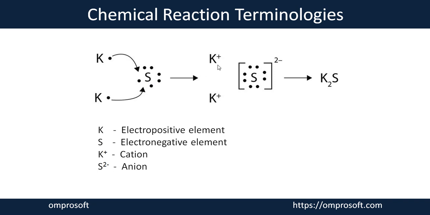Now K+ has already given an electron, so it has converted into an ionic substance, and because it gave an electron, it is considered a cation. Sulfur has already taken electrons, so it becomes an ionic substance, an anion. So here it forms K2S. Here K is the cation and sulfur is the anion. With these terms you can tell which are electropositive elements, which are electronegative elements, what are cations and what are anions. With this note we conclude this session. We'll see you in the next session.